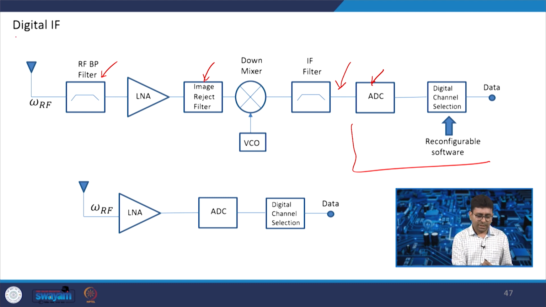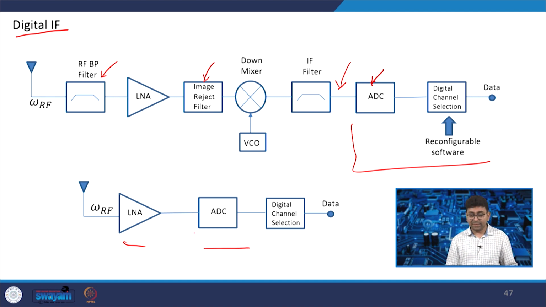It is named digital IF because you are adding the reconfigurability at the baseband. There are even some receiver architectures, mostly tried for radar applications, where after the LNA a direct ADC is used, and the channel selection and even the down conversion are done on the digital side.